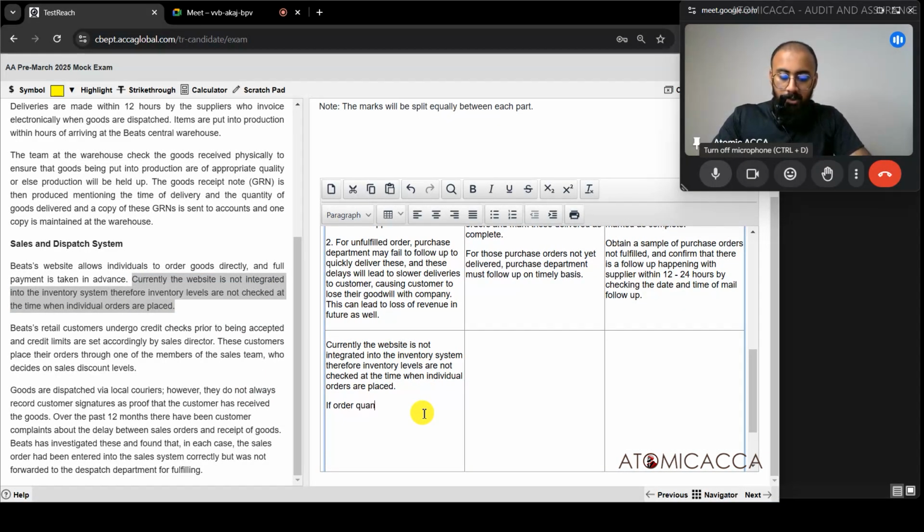If order quantity is not shown on the website, or no, that I will write as a recommendation.